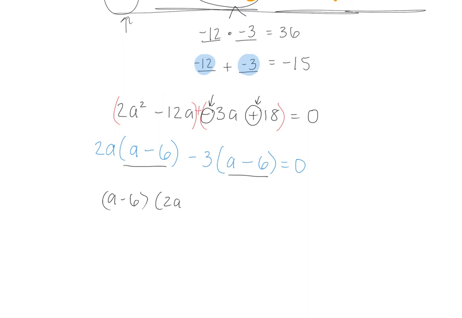Very good. Remember, once we group it, excellent job, Brooke. Once we group it, right, you just take the part that's outside the parentheses and you stick them together. So 2a minus 3 down here. And you take one of the parentheses and you just rewrite it. Okay? All right, what do you think we do next?